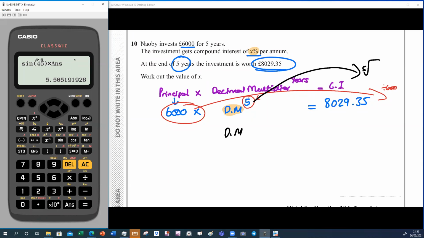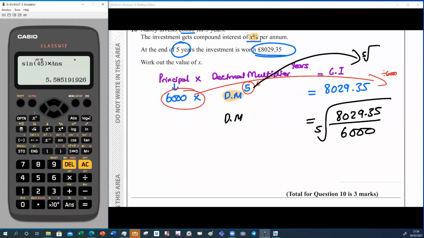Okay, so we're going to do, first of all, divided by 6,000, that came over first. Then we're going to root it to the power of 5. So I want everybody on the calculators, and I'm going to wait till you send me your answers before I press equals on mine, hopefully this time. So square root, fraction button. Oops, no, not square root. Okay, let's go back. We need the 5th root.